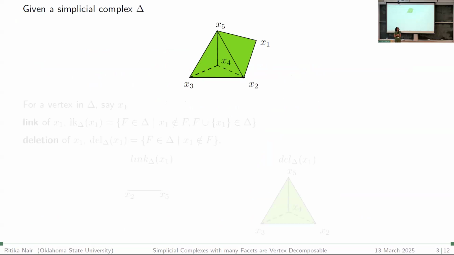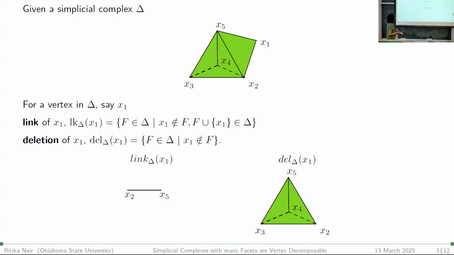Now coming to what we mean by vertex decomposability. If we have not seen that term before, we start off with a simplicial complex, and we need a couple of definitions. First, for a vertex in the complex, let's say x1 in this example, the link of the vertex is defined as the collection of all those faces which do not contain that vertex, but if you attach that vertex, it becomes a face of the complex also.